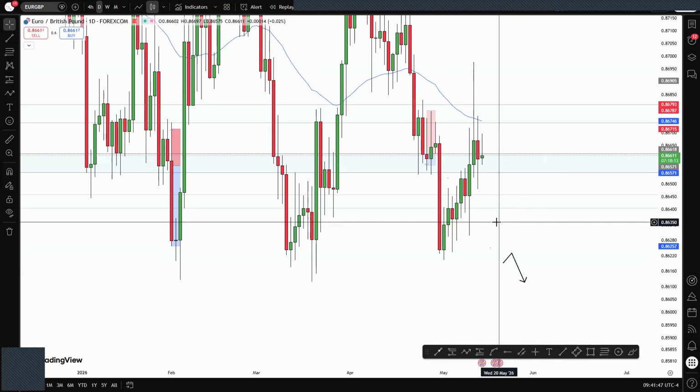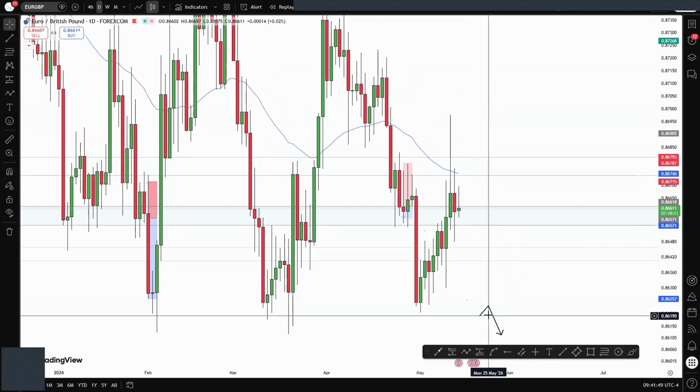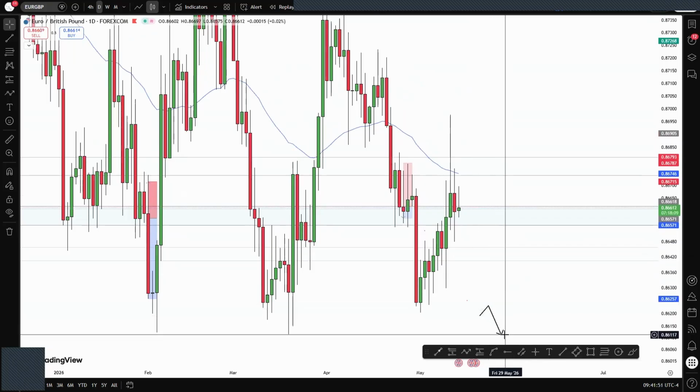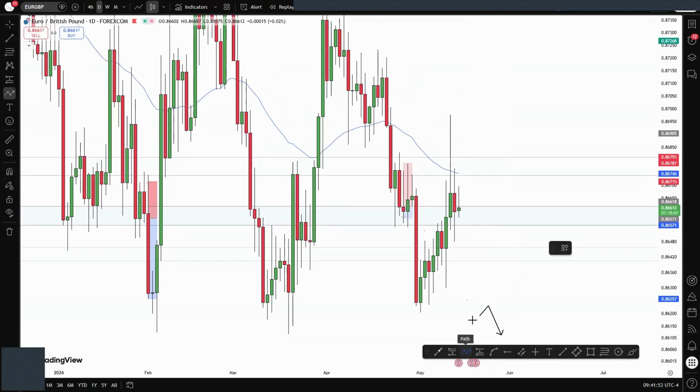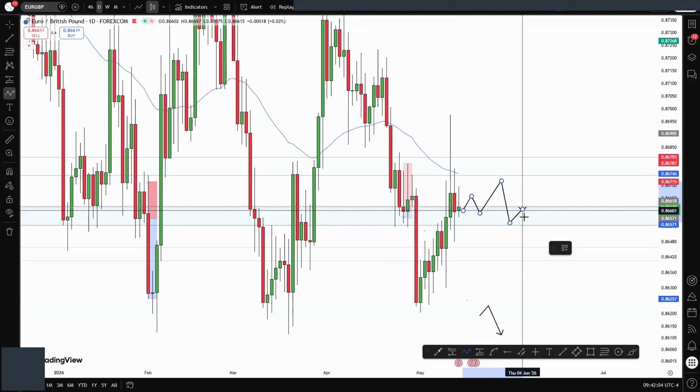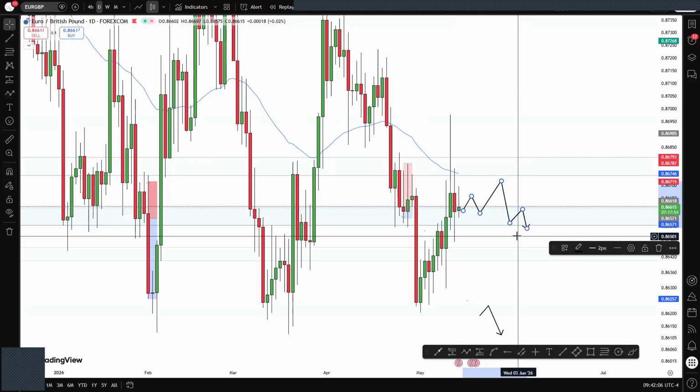So for now, I can only say once price is here. The best opportunity we can get is if price makes a new high and shifts it, then we can sell.